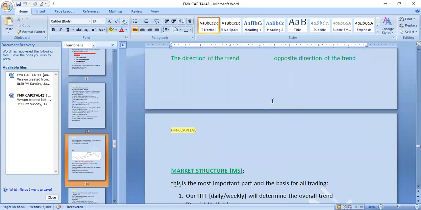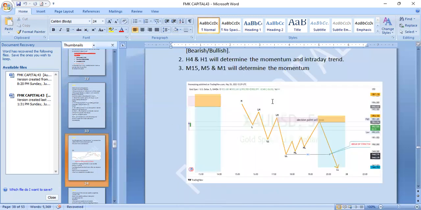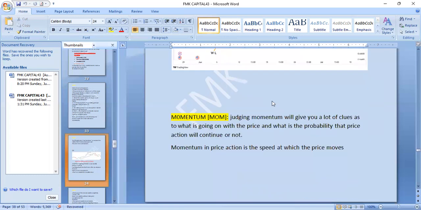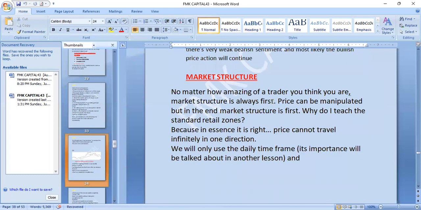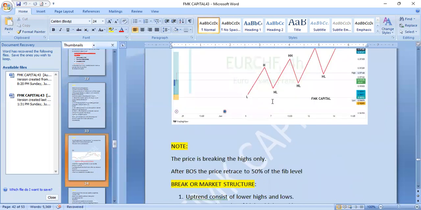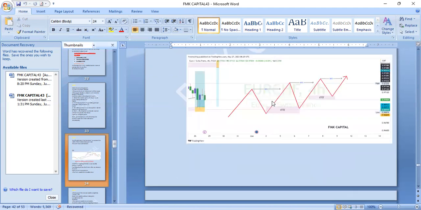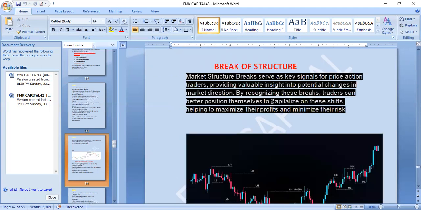Yeah. Okay. Now let me take you through break of structure before we come back to some certain things. What is break of structure? Write this down.